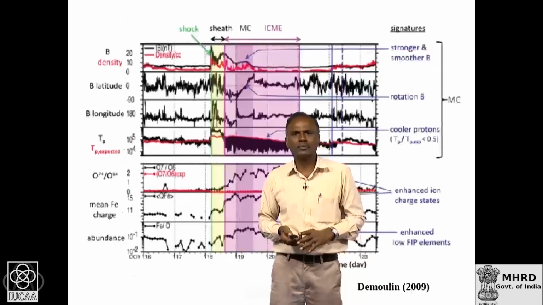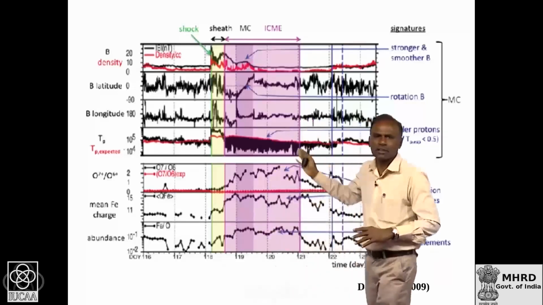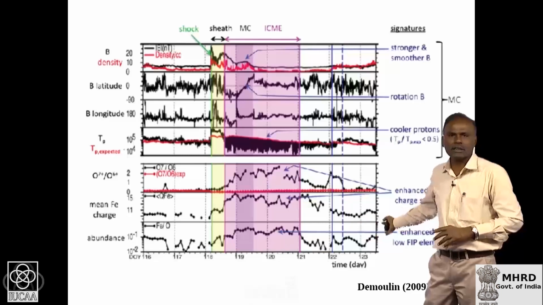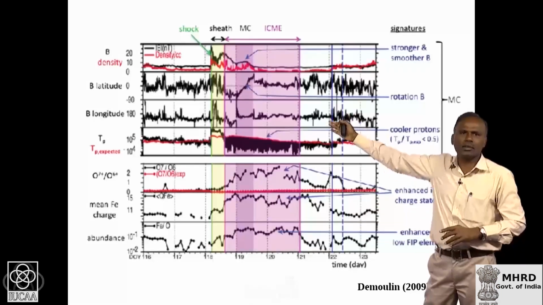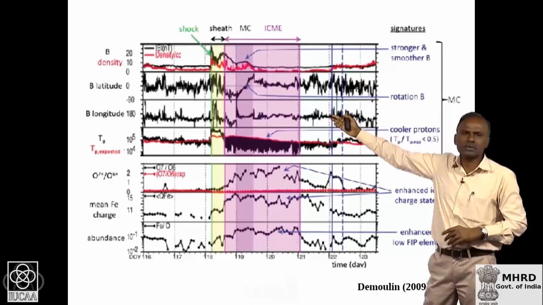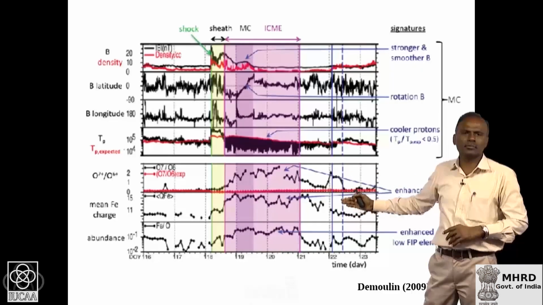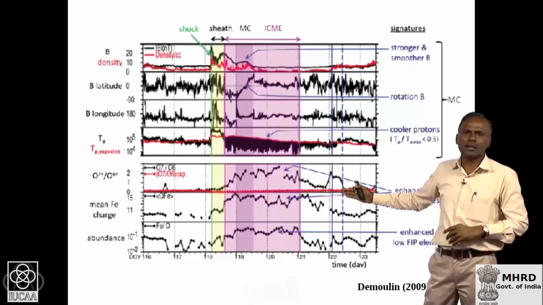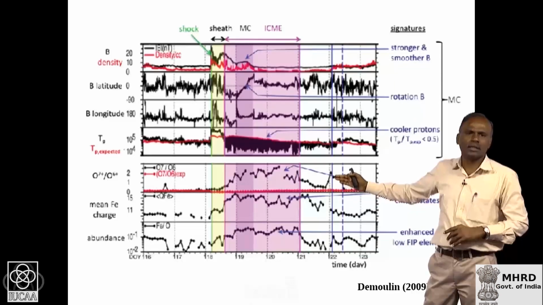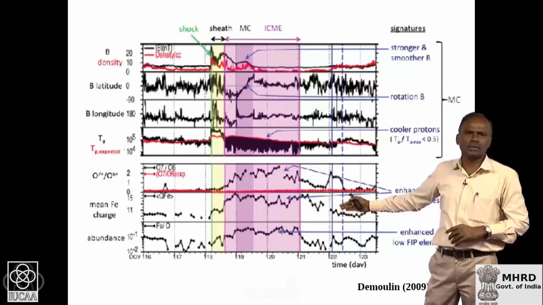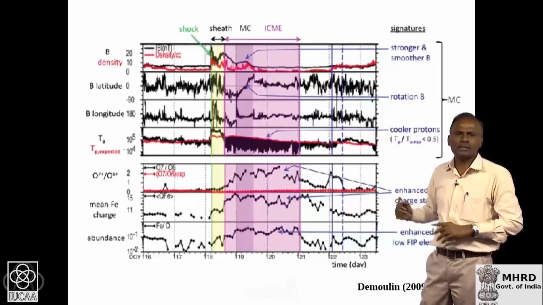So, okay. So again, this plot gives some more examples. The x-axis is the day number, and then on the y-axis we have plotted the magnetic field latitude, longitude, temperature, and then oxygen ions, and then this thing, abundances actually.